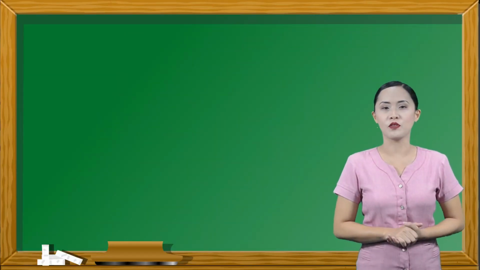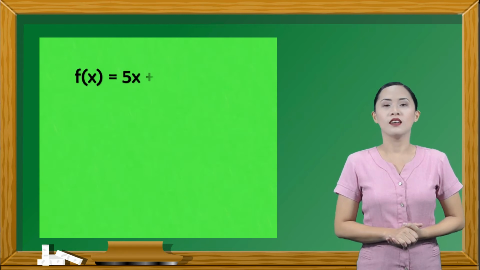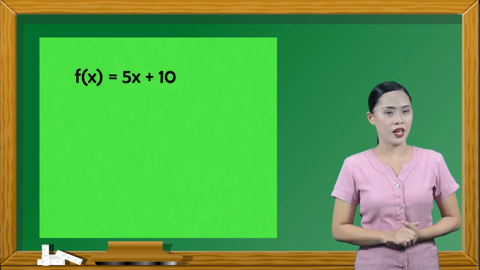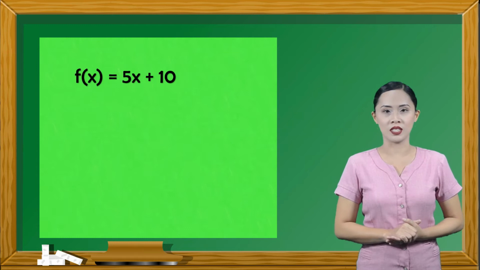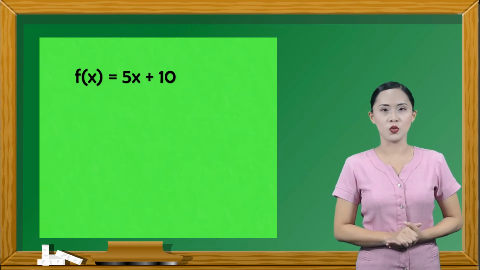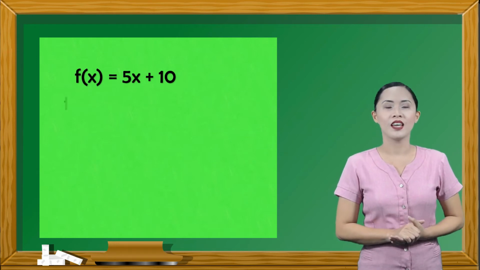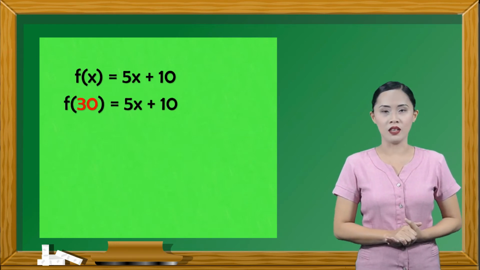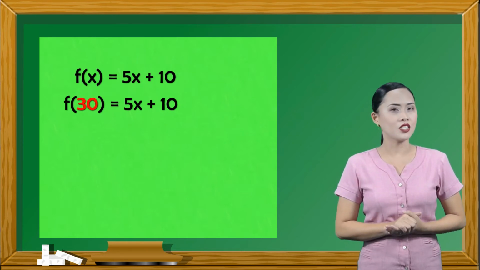Here's the solution for Nea. Given the function f of x equals 5x plus 10, we substitute 30 days for x. So we have f of 30 equals 5x plus 10. Let's substitute 30.